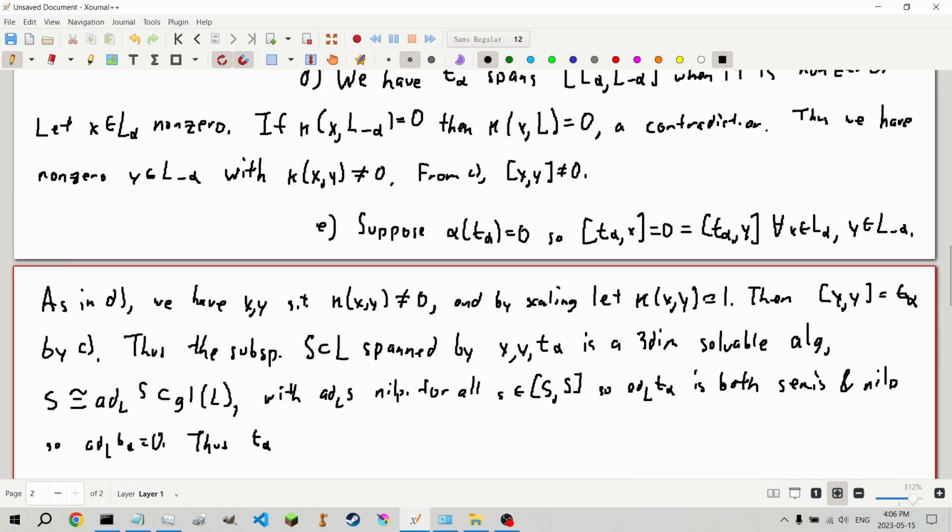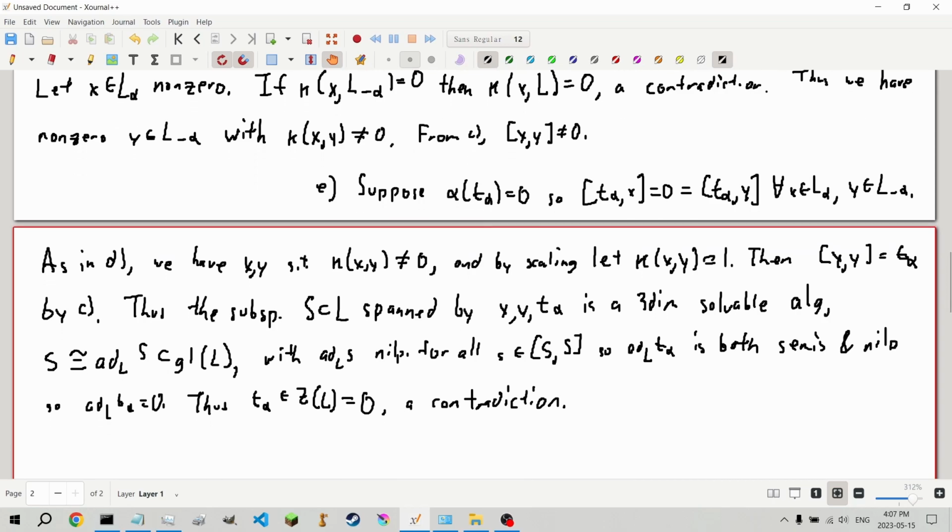Thus T alpha is in Z of L, which is 0, which is a contradiction. Therefore alpha of T alpha is non-zero.